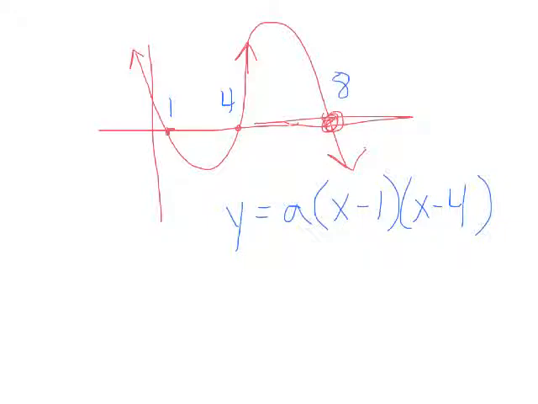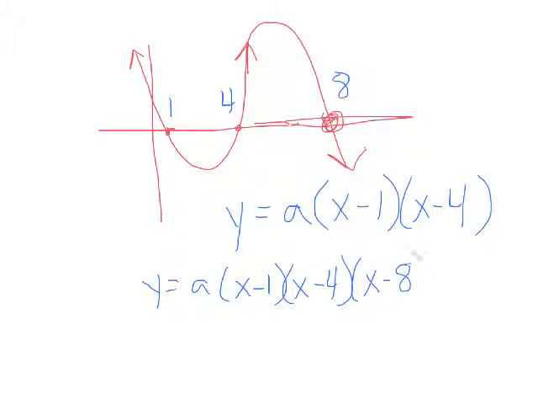So then our function now becomes a times x minus 1 times x minus 4 times x minus 8. So it's really just the same thing we were doing earlier. We're going to find our a value the same way, based off what the intercept is, and we'd have to substitute 0 in. So let's take a look at some examples.